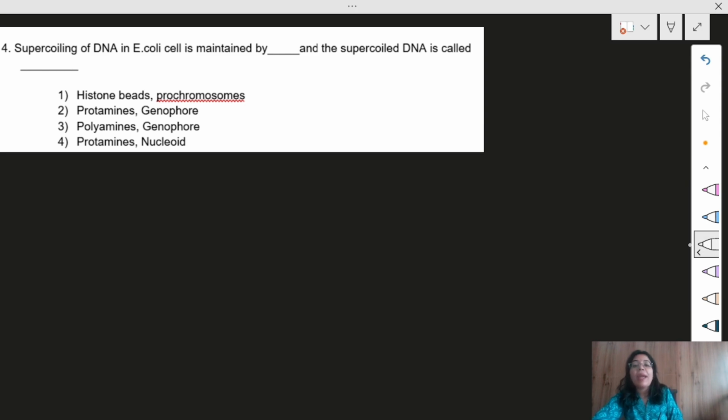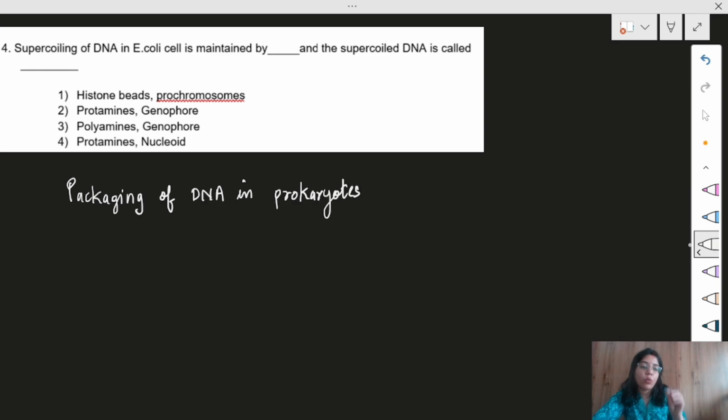You have learned packaging in eukaryotes, which you all know is done by histone protein. But if you think about the packaging of DNA in prokaryotes, that also is there, right? You have seen that you always draw the DNA in prokaryotes on one side of the cell. You will not spread it, scatter it everywhere. No. So some sort of packaging happens in prokaryotes also, right?